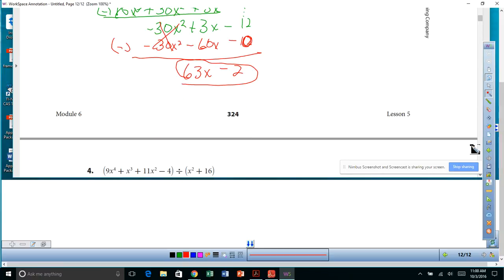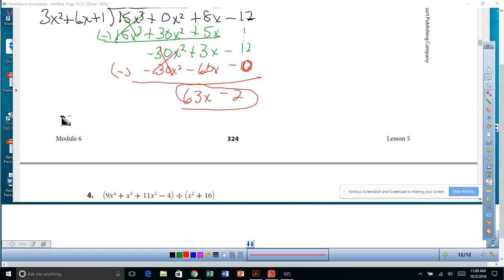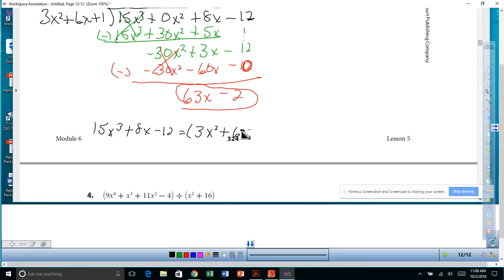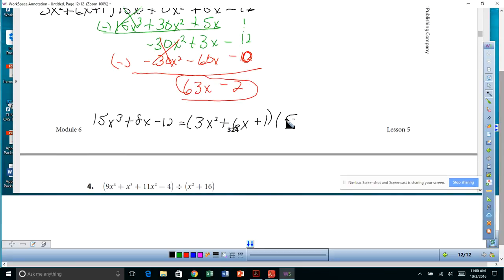So when we write all this out, I'm going to need a little more room here. We got 15x cubed plus 8x minus 12 equals our divisor, 3x squared plus 6x plus 1, times 5x minus 10, and then we have to add in our remainder, plus 63x minus 2.